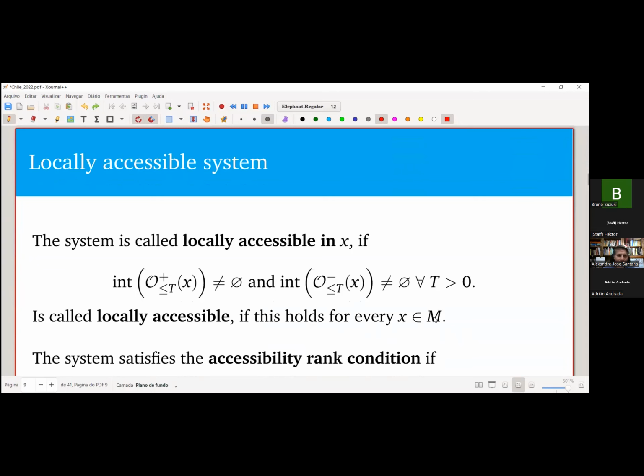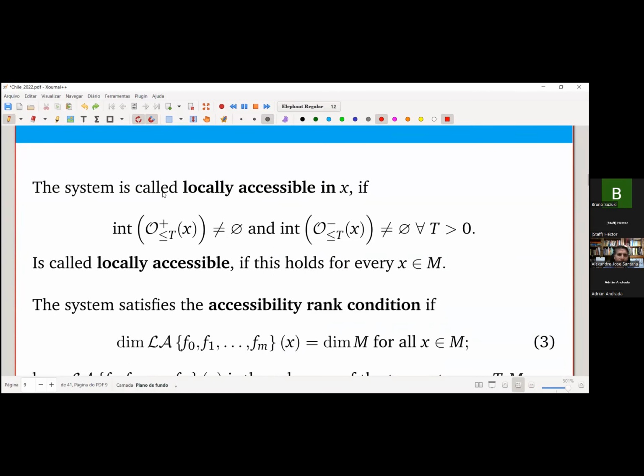Another concept that we need is local accessibility. The system is called locally accessible at x if the interior of the negative orbit and the interior of the positive orbit are non-empty.